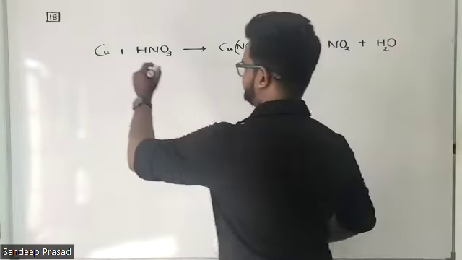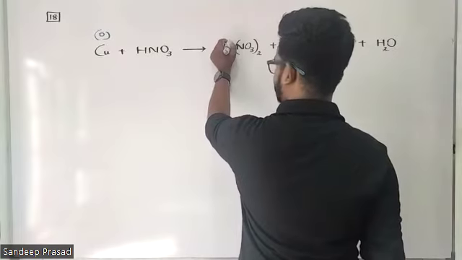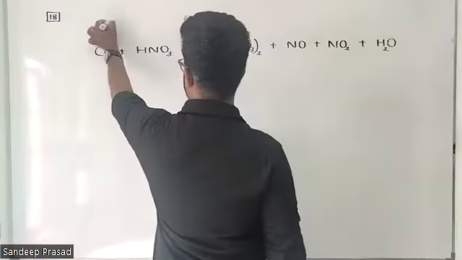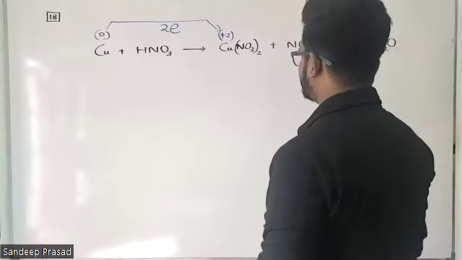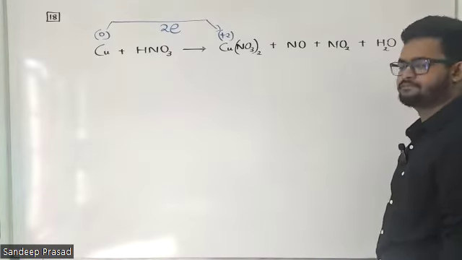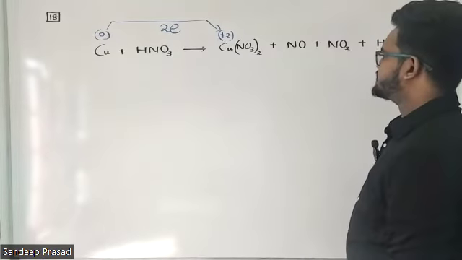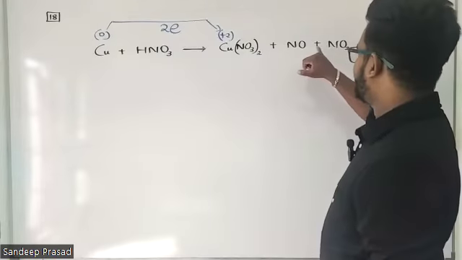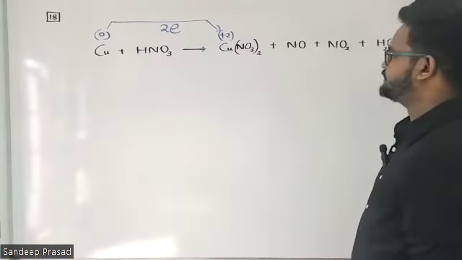Copper is oxidizing from 0 to plus 2. Then the oxidation is 2 electrons. Students, here we have to be very, very careful. The reason is that you can see there are two nitrogen atoms, in NO and NO2.